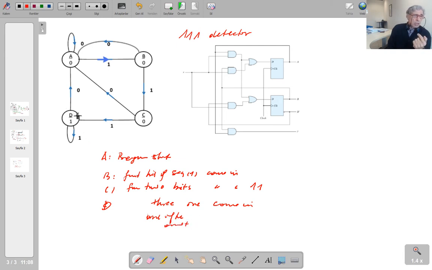So these states just tell me where the output is going to be 1. That's why I made it a Moore machine, because in states A, B, C, your output is 0. When you come to this state, since the state means the 1s came in one after another, in this state your output is going to be 1.